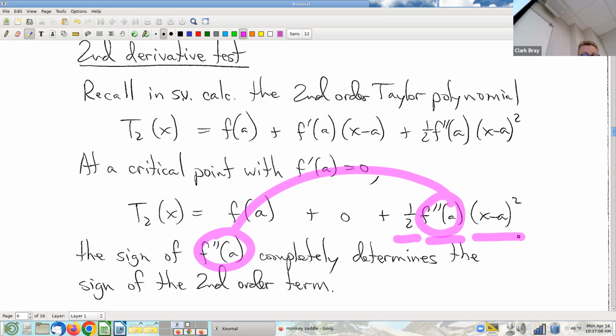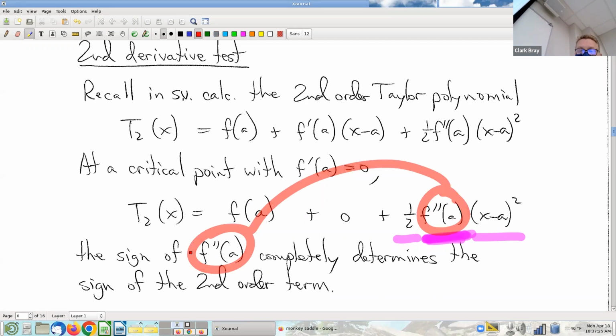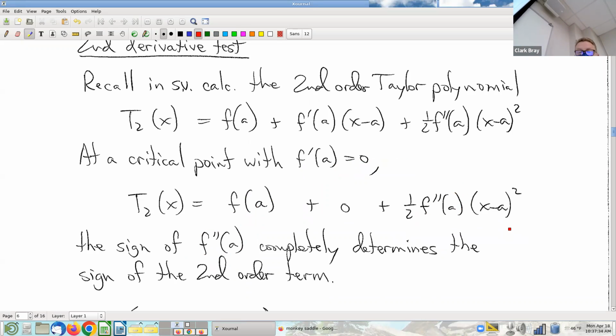So this is a pretty easy way to see that a positive second derivative gives you a minimum. That's part of our second derivative test. And likewise, you can do it the other way. If the second derivative is negative, then it's a downward oriented parabola, and therefore your critical point is a maximum.